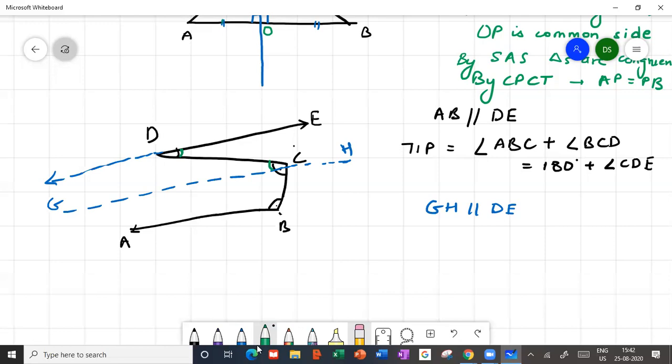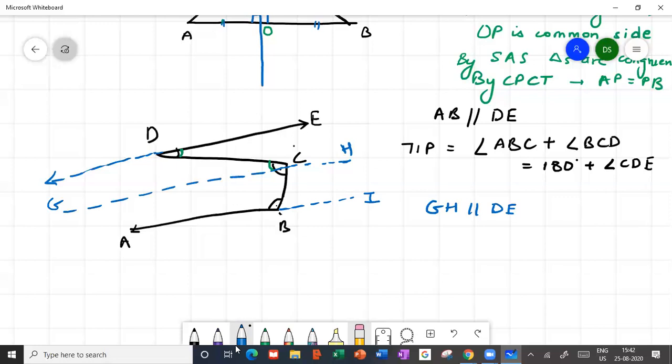And AB, extending B to I. Okay, basically they just did this. So they are saying GCD is equal to CDE.